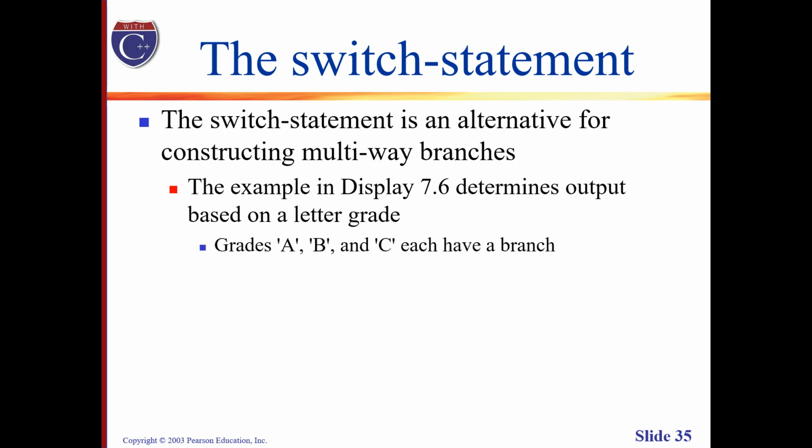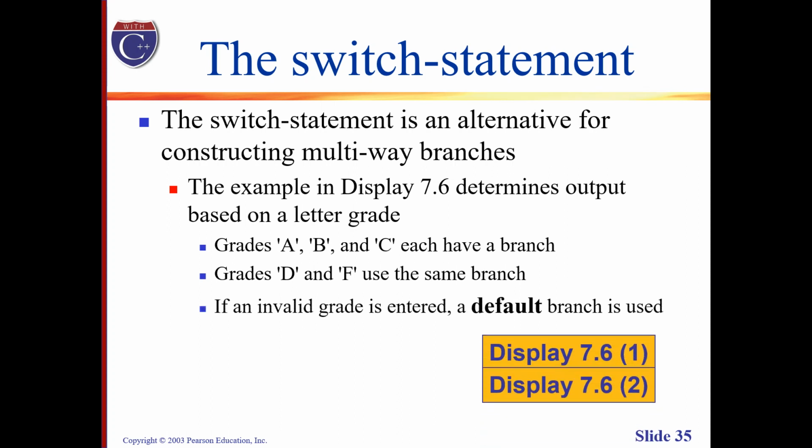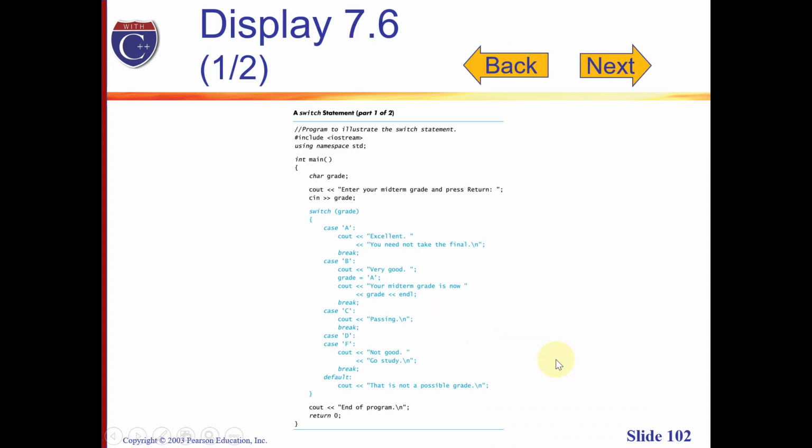If we are going to use branching statements, then each letter grade will have its corresponding branch. For example, grades D and F would have the same branch. If an invalid grade is entered, then a default branch should be used. This is how it would look.